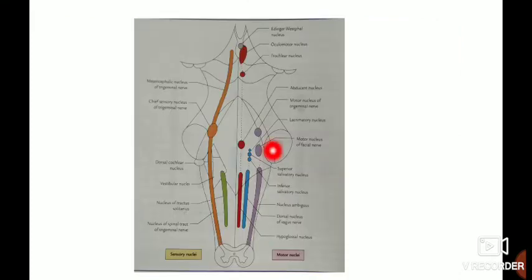If you see a diagram on this aspect, you'll see the superior salivary nucleus here, the inferior salivary nucleus, and the lacrimatory nucleus. So these nuclei are seen at this level. And then we have the nucleus of tractus solitarius. It lies lateral to the superior salivary nucleus.